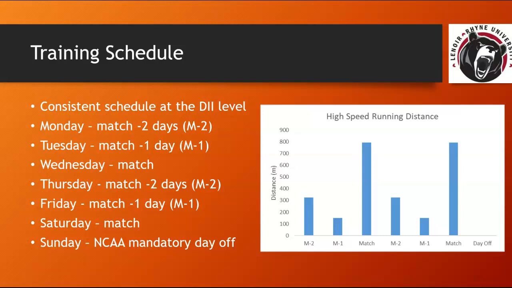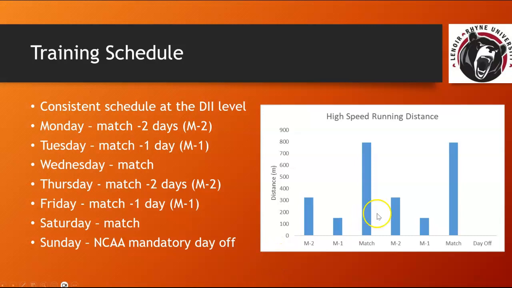Match -1 will be a Friday. And then we have a match on Saturday, and then we have one mandated NCAA day off, which we applied to Sundays. So this is an example of how our schedule was set up, which made for a very consistent pattern when it came to managing training volumes or practice volumes and the match schedule.